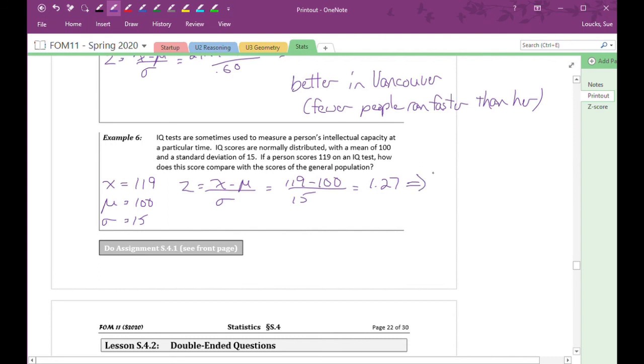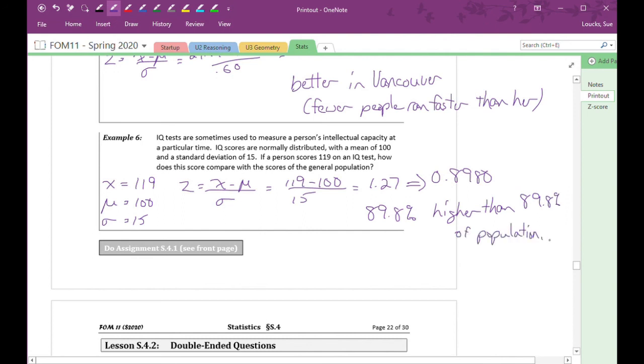I go to the table with that, 0.8980, so that's 89.8%. So somebody with an IQ of 119 has an IQ higher than 89.8% of the population.